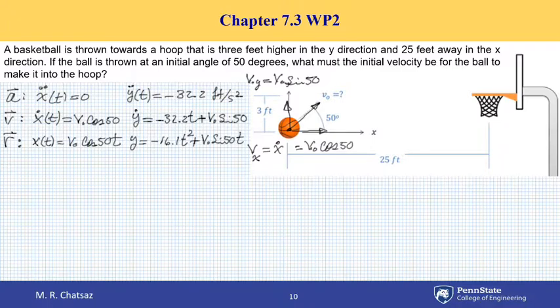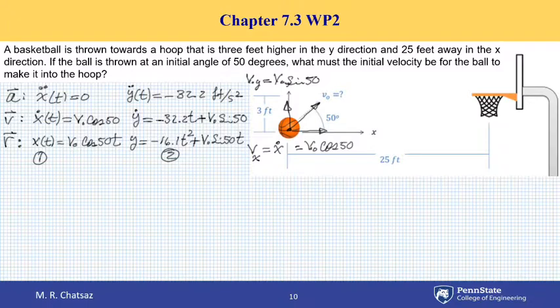The y equation has two unknowns. So basically I have these two equations which contain two unknowns, v naught and time t. So what I can do is some algebra: solve equation 1 for the time, and then plug it into the y equation to eliminate time, and that's how I can solve for v naught.